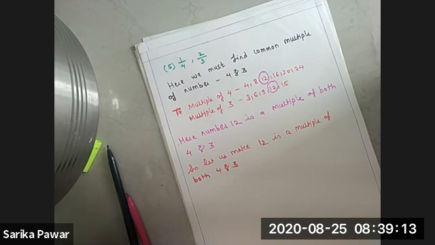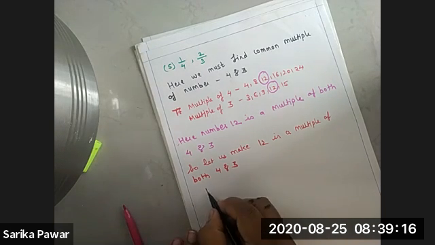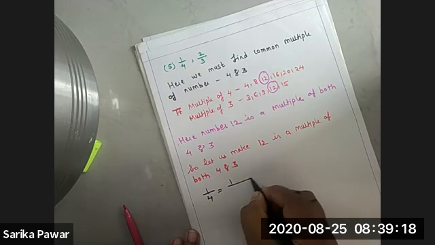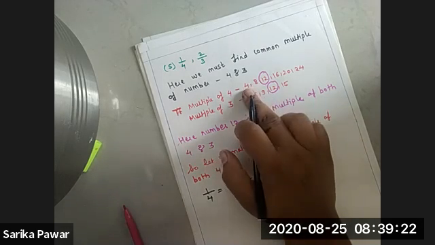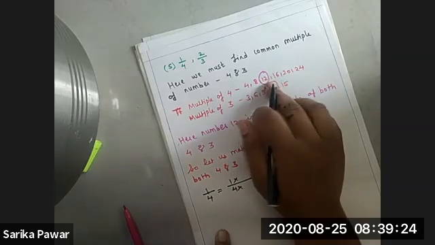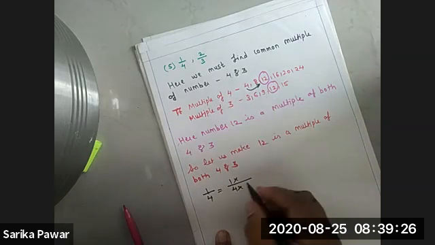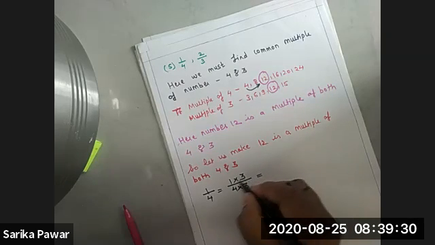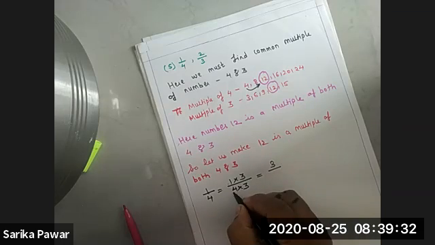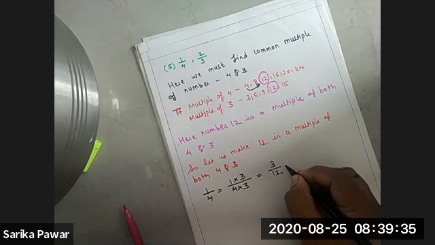See here. Write down the first one, 1 upon 4. Now tell me which number we have to multiply here. 4 ones are 4, 4 twos are 8, 4 threes are 12. Multiply by 3. The same number we have to multiply in the numerator. 3 ones are 3, 4 threes are 12. 3 upon 12.